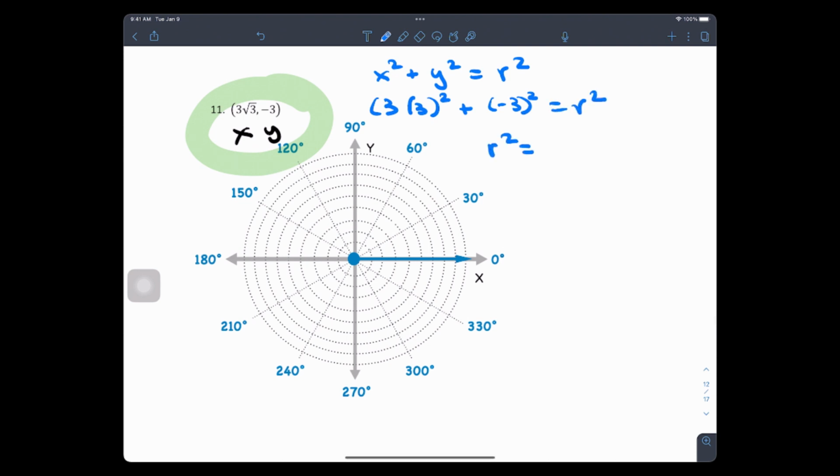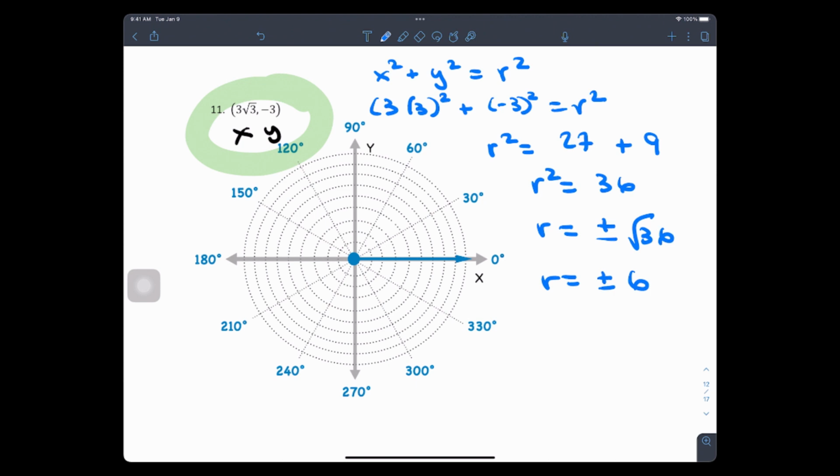R squared will be 27 plus 9, so r squared will be 36. Square root formula: r is plus or minus 6.